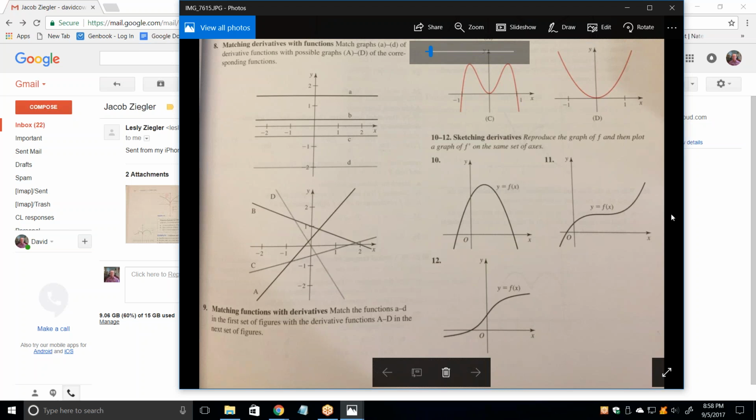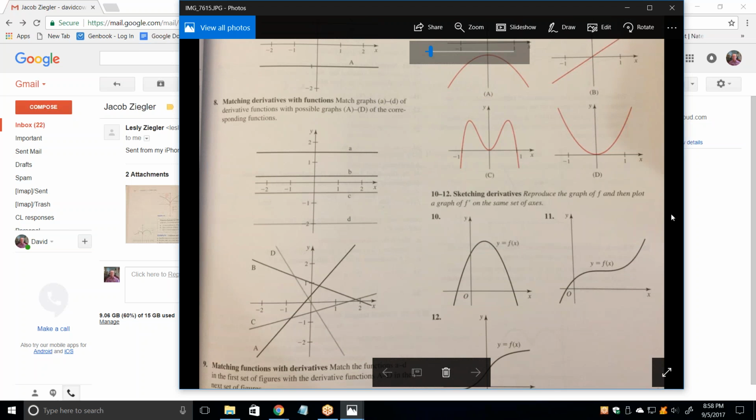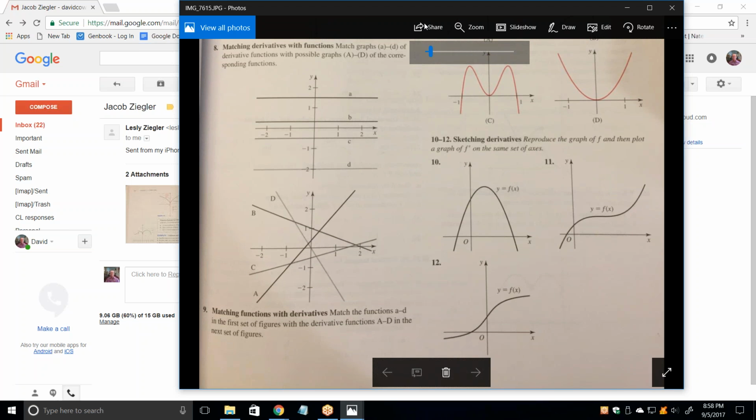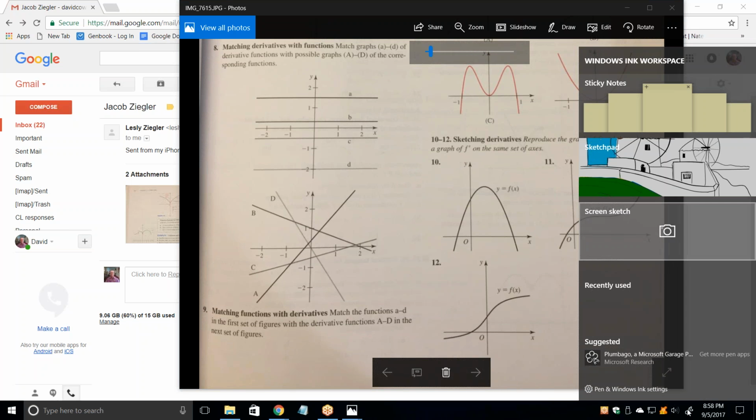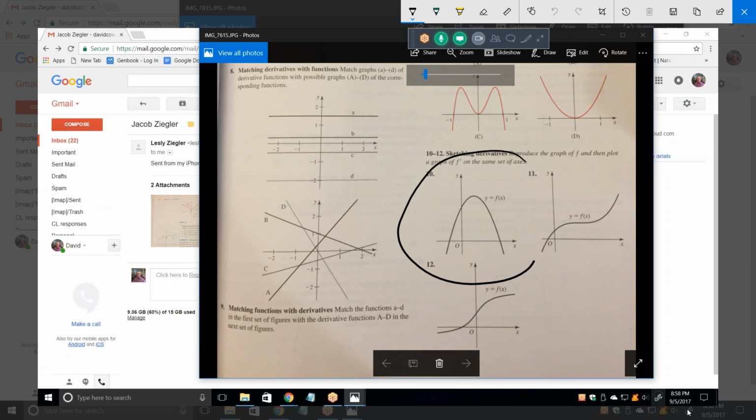So I could say, draw the derivative curve of that, which is kind of impossible for me to do online.